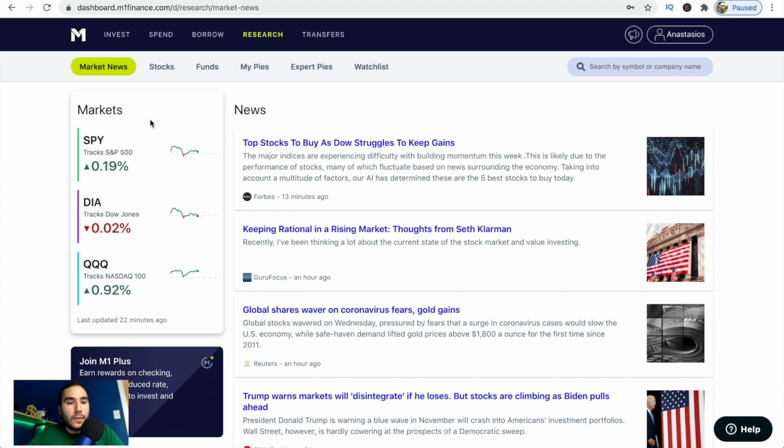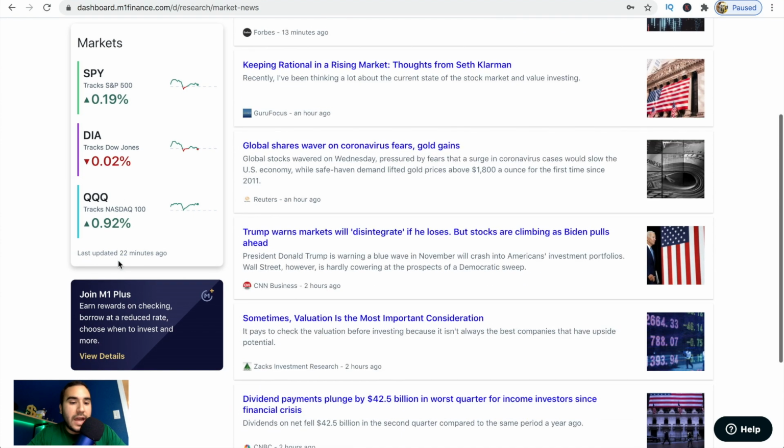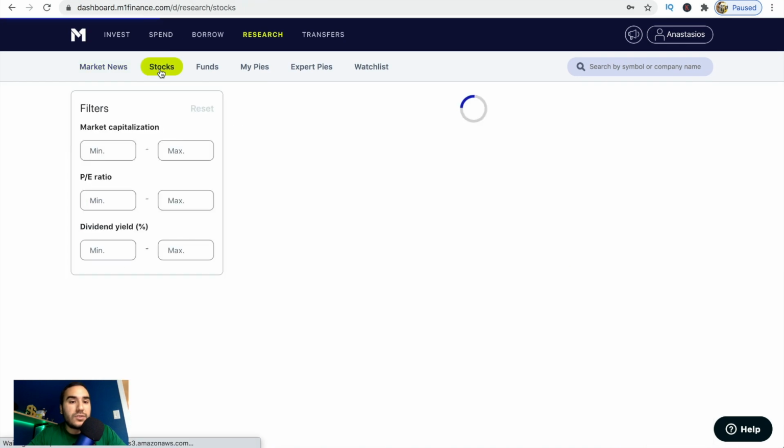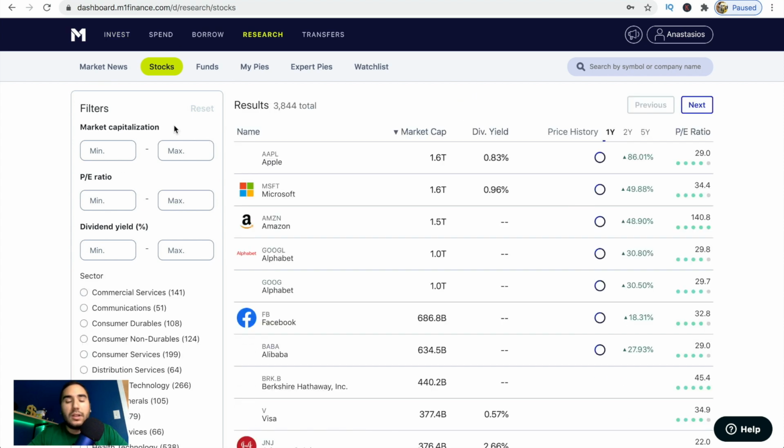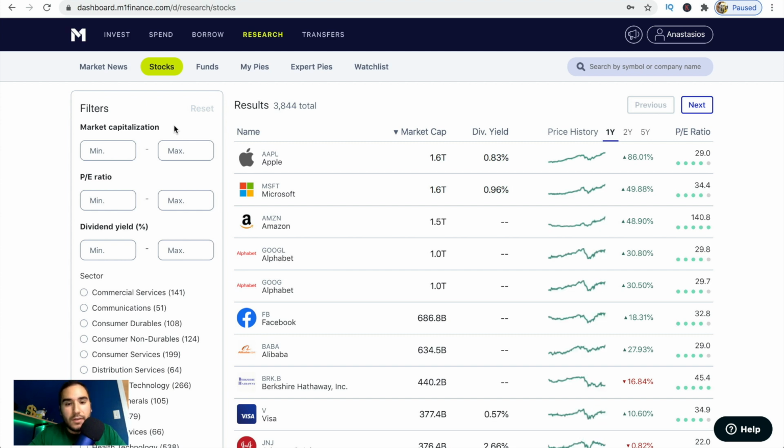You have your markets here on the left, S&P, Dow Jones, NASDAQ. You have different stocks here. You can sift through depending on market capitalization, PE ratio, the different sectors, dividend yield. You guys can play with this, see how they've done over a 5-year span, 2-year span, year span, their PE ratio. You can really filter through a bunch of different stocks here.